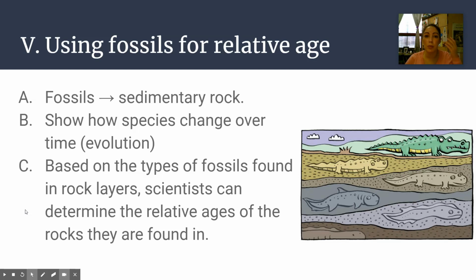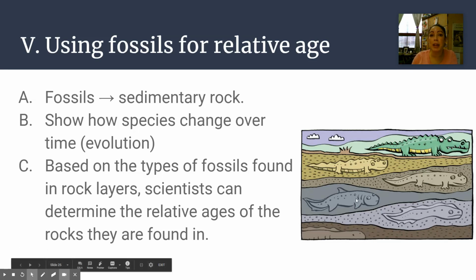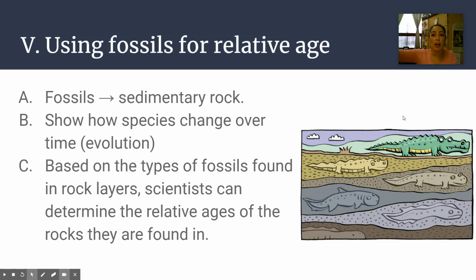It seems kind of like, well, duh. It's because it is. So this picture here, yes, it's a cartoon, but I think it does a really good job of showing this. We have, I guess that must be a cartoon alligator or maybe a crocodile, and that's on the top layer. Then the farther down inside these rock layers you go, the more ancient, or the farther away from your typical alligator or crocodile we get.